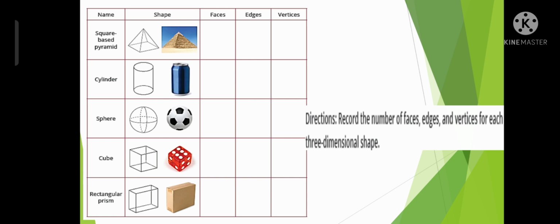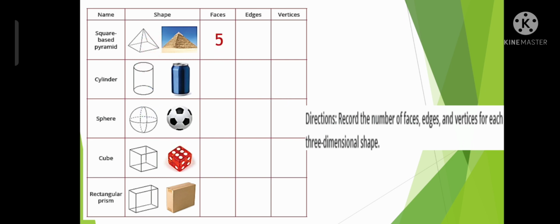Record the number of faces, edges, and vertices for each 3D shape. The first shape, square based pyramid. How many faces in a square based pyramid? 1, 2, 3, 4, and 5.